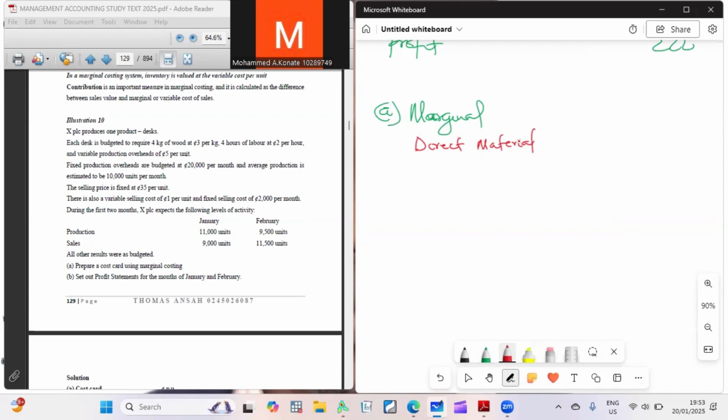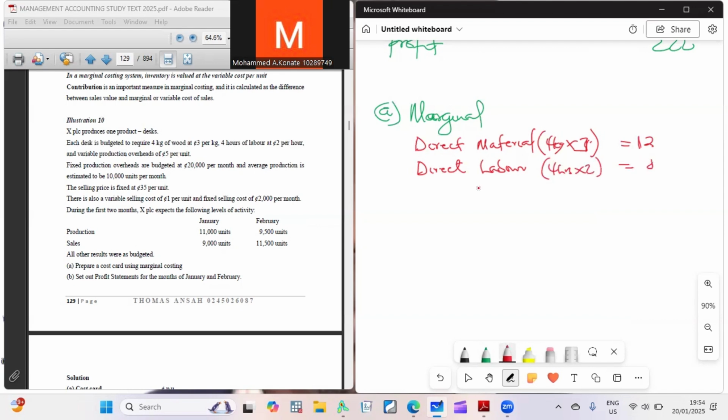And the direct material per unit, we saw in here that we will need 4 kg of the material, and one is 3 cedis per kg, and so we will have 12, the same thing. Direct labor, I think we had 8, so those things will be the same. All right, so 4 hours by 2 cedis per hour, we had 8.